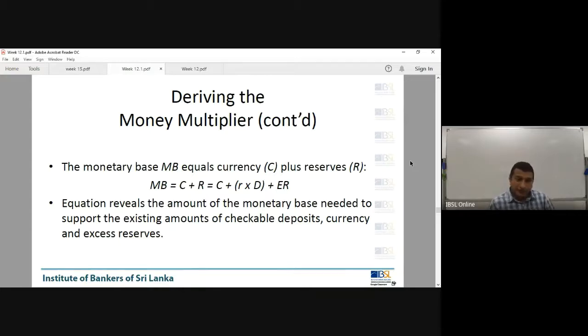So this equation reveals the amount of the monetary base, MB, needed to support the existing amount of checkable deposits, that is D, currency, that is C, and excess reserves.